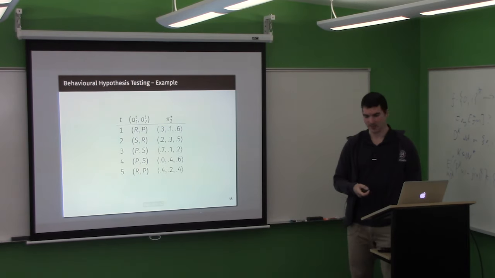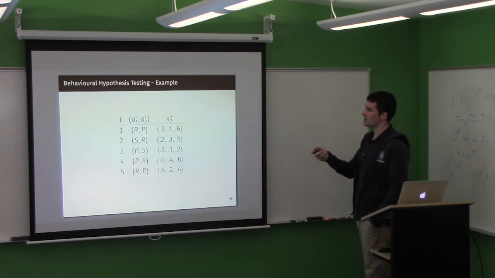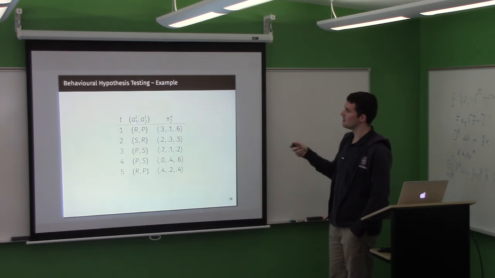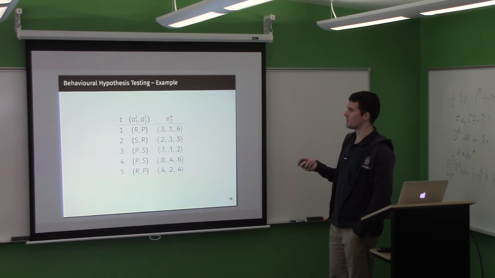Well, here's an example to make it more concrete. This table shows the first time steps of an interaction process between two agents playing the rock, paper, scissors game, such as the robot and the human that we talked about earlier. In the first column, you see the time steps, 1, 2, all the way to 5. In the second column, you get the actions taken by the agents in the respective time step. So rock and paper, for example, in the first time step.